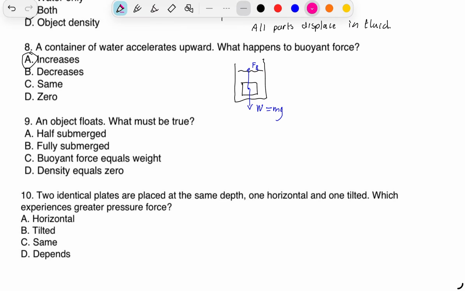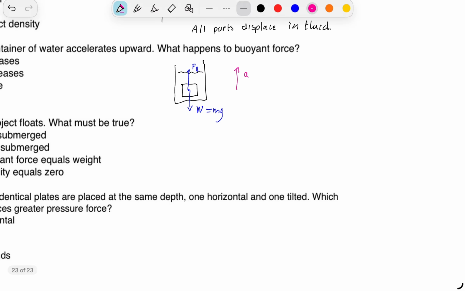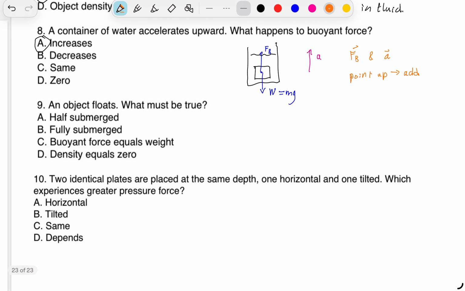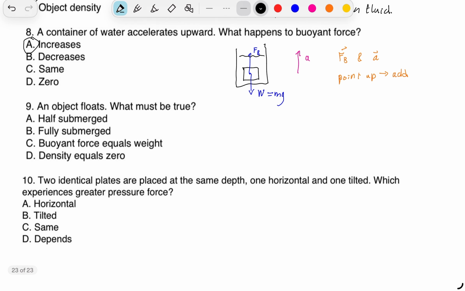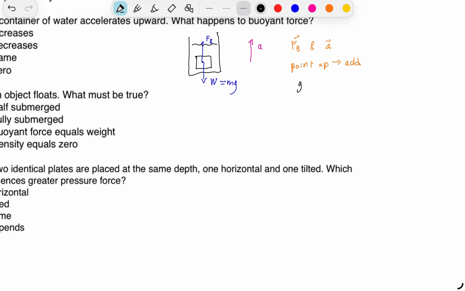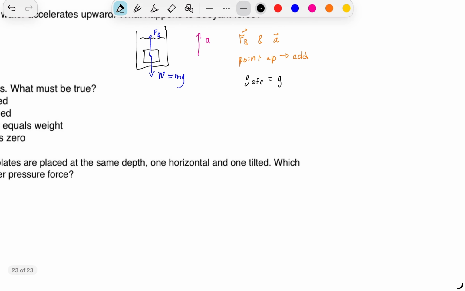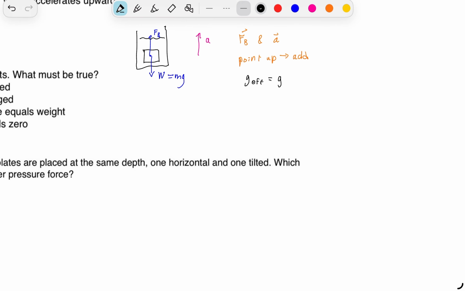But if you're now accelerating up, your FB vector and your acceleration vector point up, so you add them together and they increase. So g effective is equal to the gravitational constant plus the acceleration that you are experiencing.